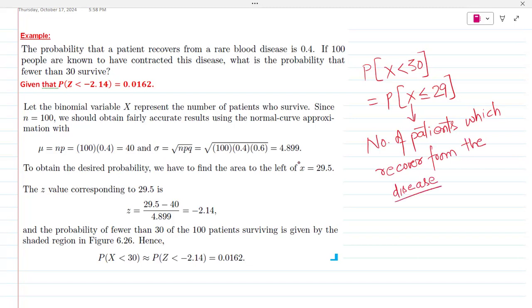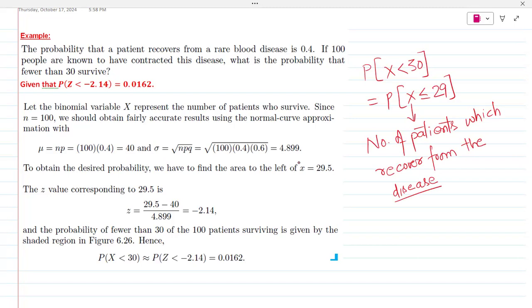So for every patient, there are two options. Either the patient will recover or survive the disease, or he or she will not recover or survive the disease.